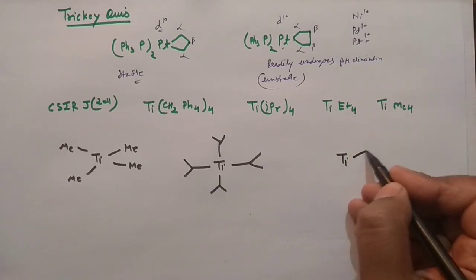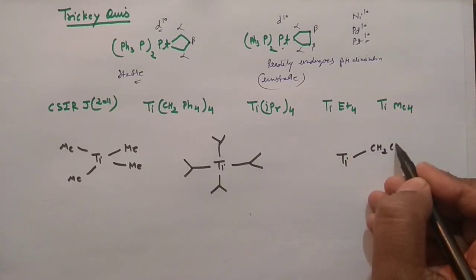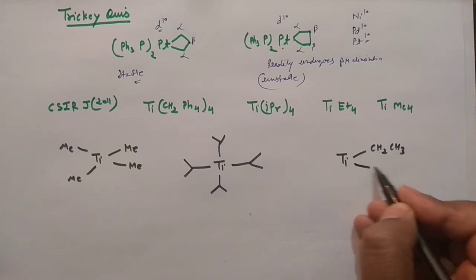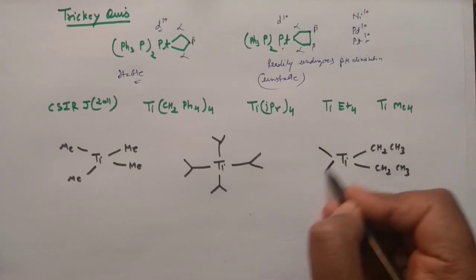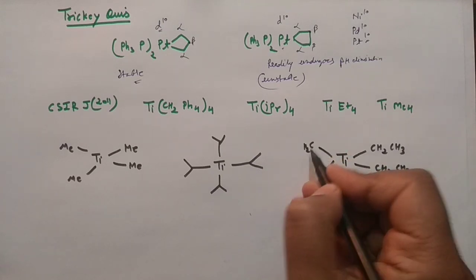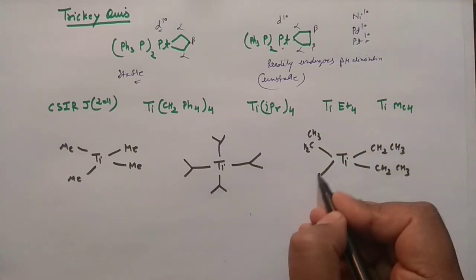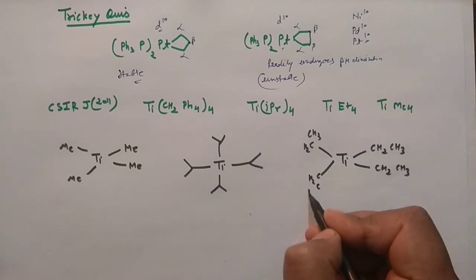Then your third complex, this one, CH2CH3, that is ethyl. Similarly, this one you can draw as ethyl. This is also CH2CH3, this is also CH2CH3.